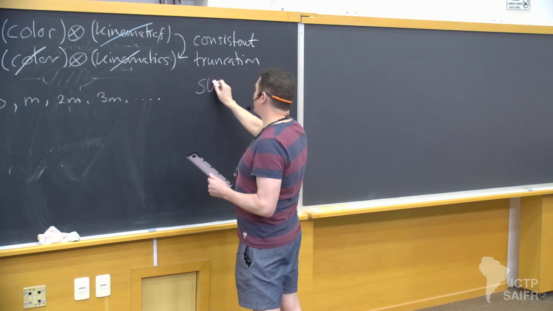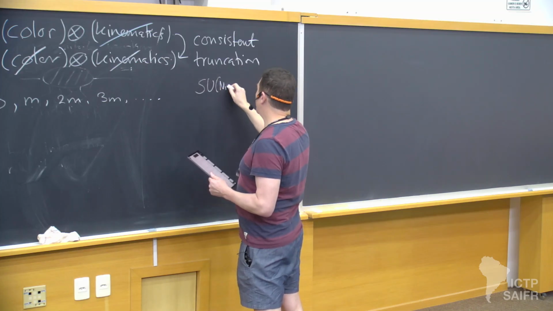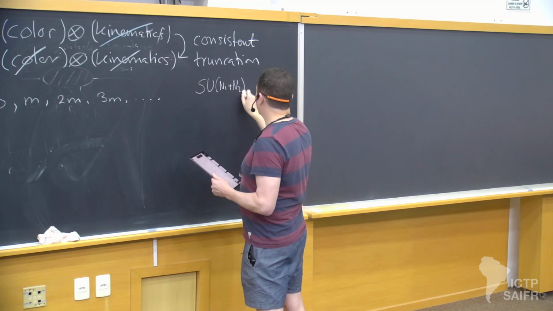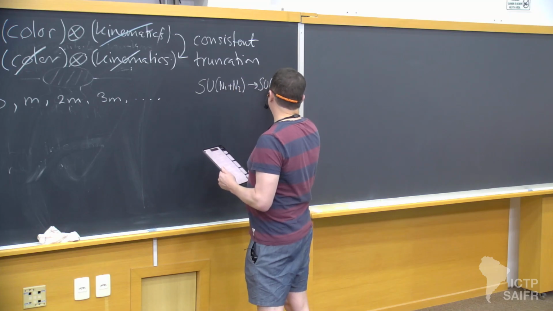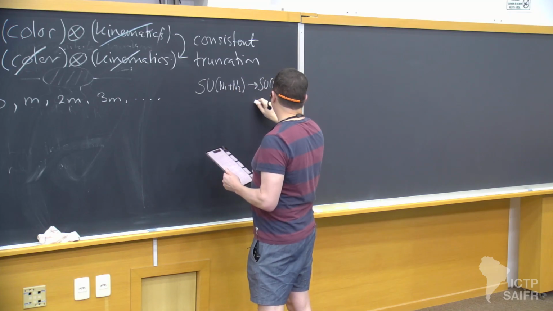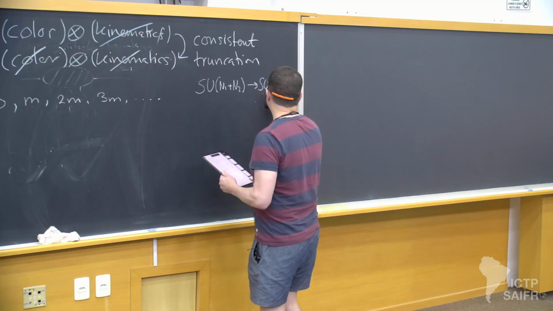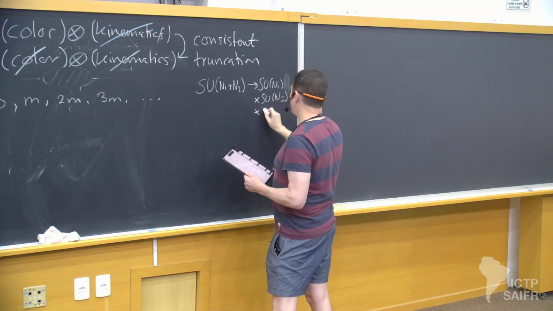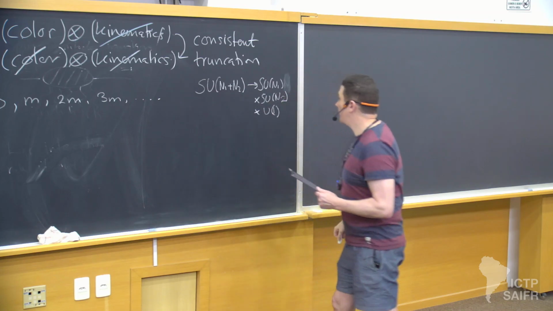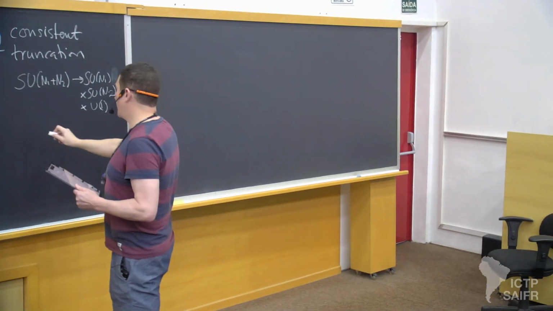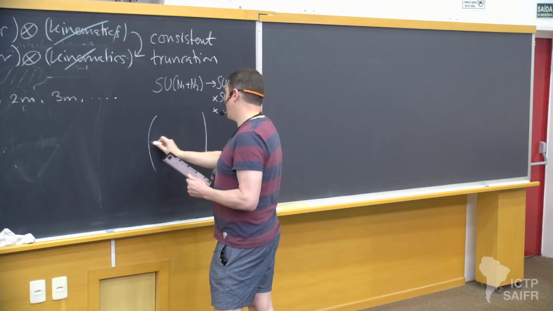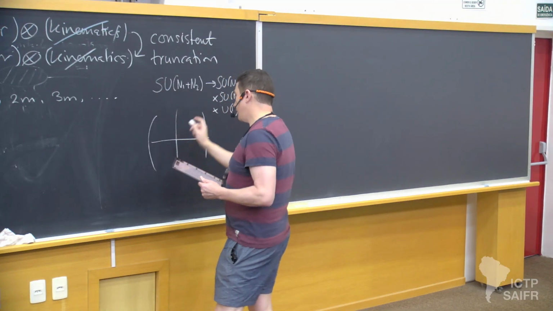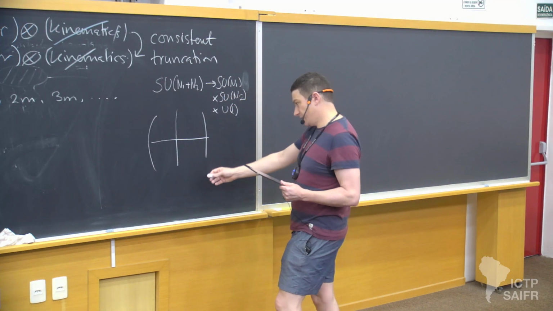Well, we have some SU(N1+N2), and then we go to SU(N1) times SU(N2), and then times a U(1). That's also a U(1) coming out. So that's how we typically break it, and you can imagine that pictorially.